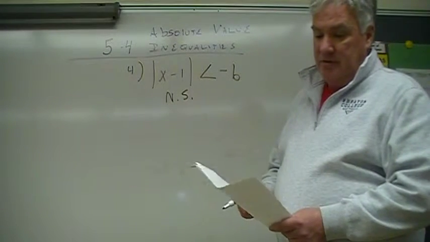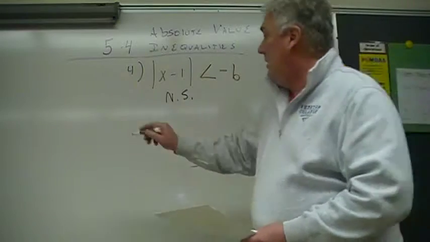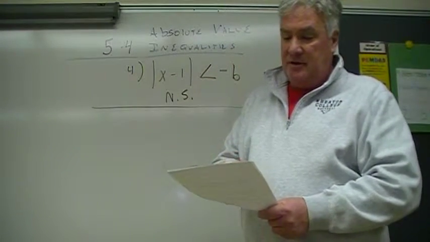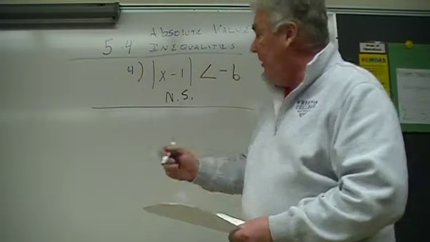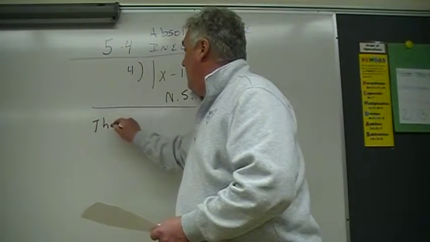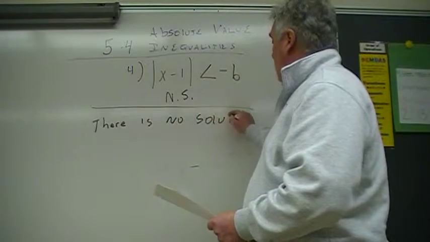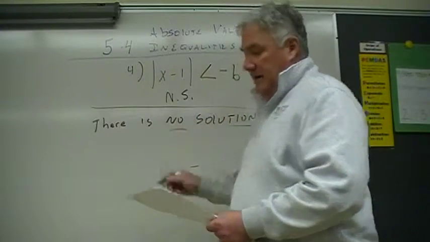For number 2, if we can go back up to number 2, we had to fill in the blanks where there are stars. It says, there is no solution. That's what you can fill in.